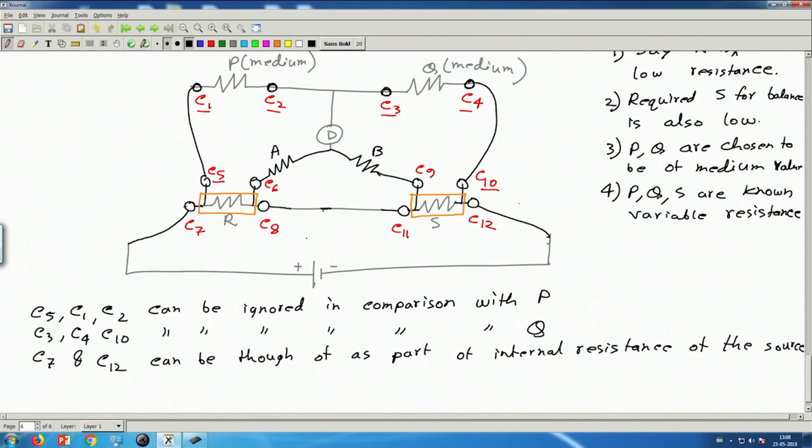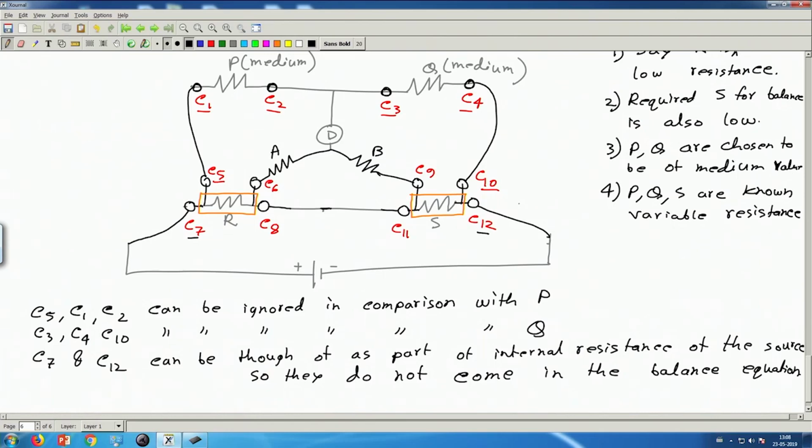So C7 and C12 we can think of as a part of this source resistance, which does not come in the balance equation. Okay, now this is solved.